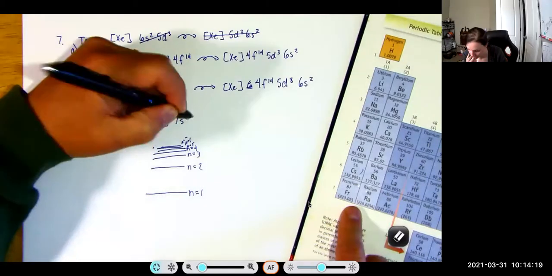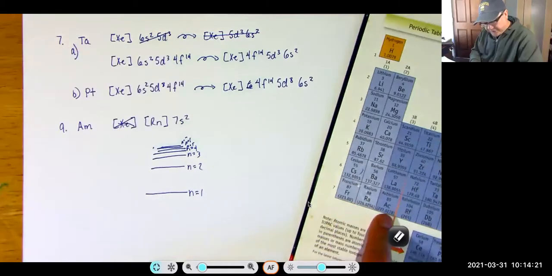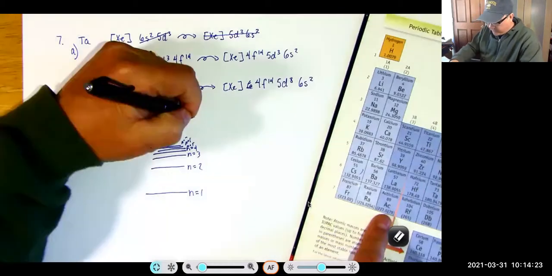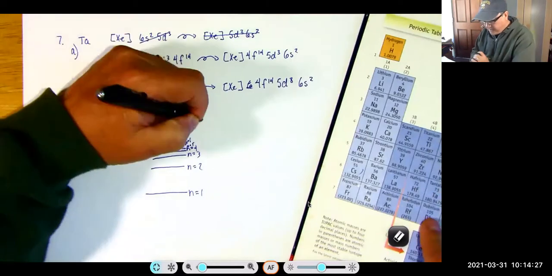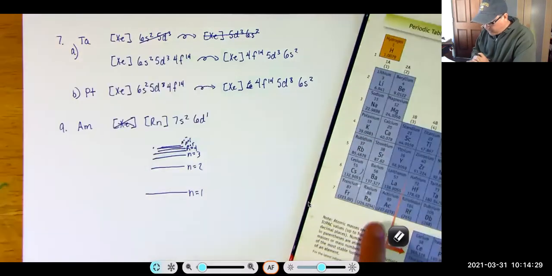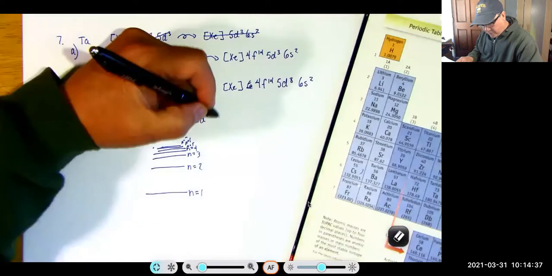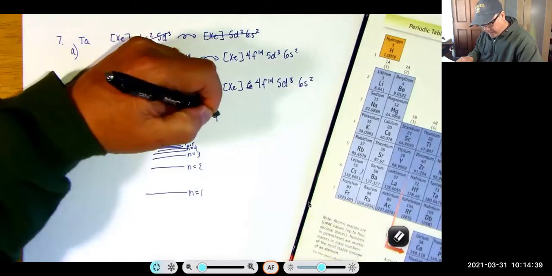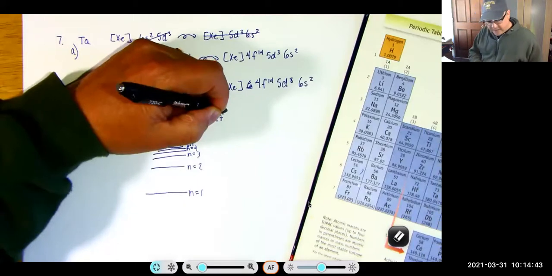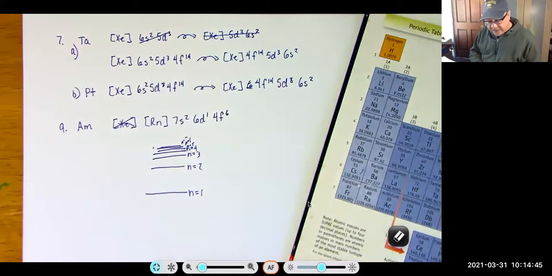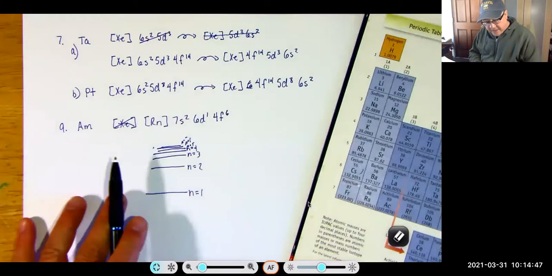And then we hit actinium, which is going to be a 6d1. And then from 89, we're going to drop down to 90 and go across 1, 2, 3, 4, 5, 6. So this is going to be a 4f6.